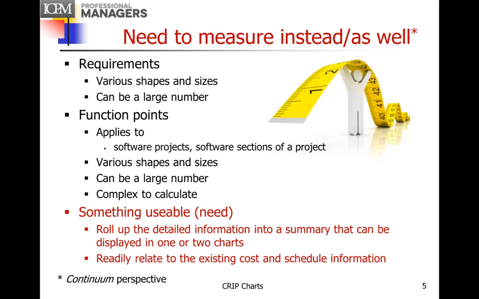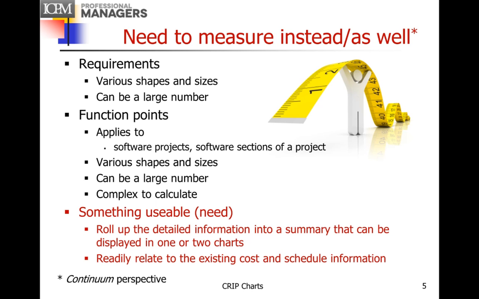So we need to measure something that allows you to mitigate, or at least to prevent problems and measure technical process. Now, one of the things we could measure are requirements, because all the work is based on requirements. But they come in various shapes and sizes, and so just because you've completed 50% of the requirements doesn't mean you've completed 50% of the project, and you can end up with a large number of these.